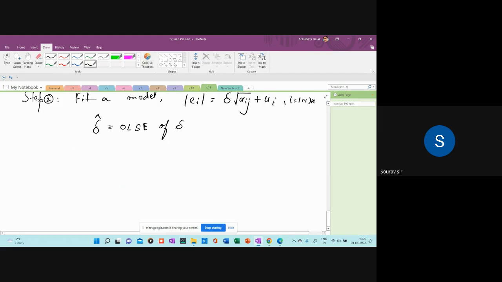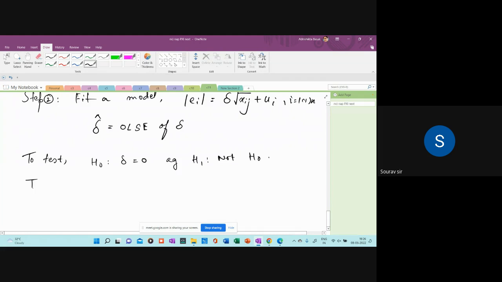Here we need to test whether delta is 0 or not. If it is 0, then it fulfills our assumption of proportionality. If it is not 0, then the assumption is rejected. So the testing procedure is to test H naught: delta equals 0 against H1: not H naught.